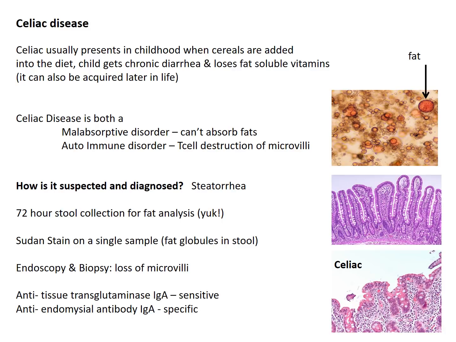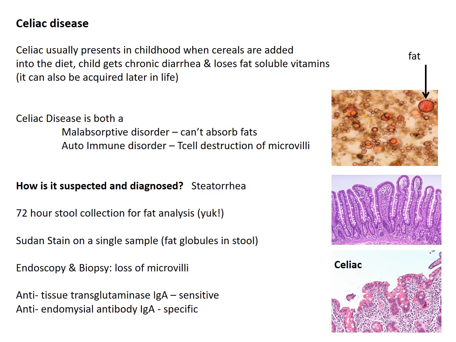Now it's suspected more easily on a stain of the feces, and that stain is specific for fatty oils. That's called a Sudan orange stain, and you can see that stain in the upper photo showing you those oily orange droplets.